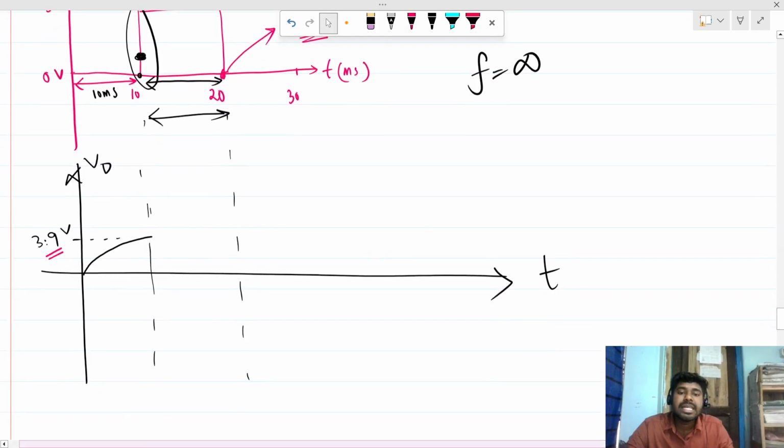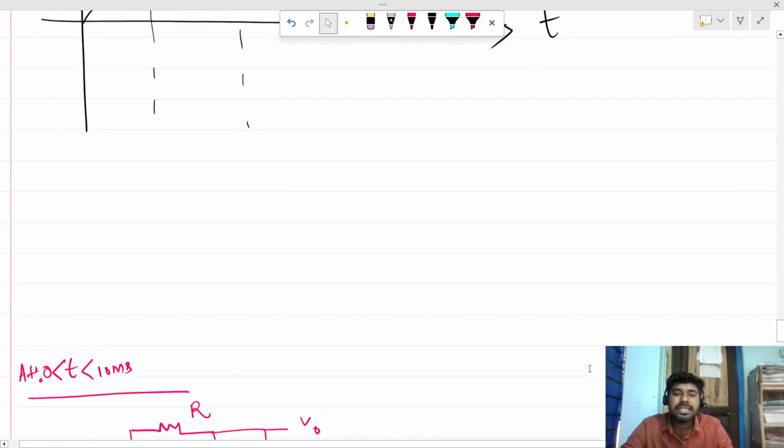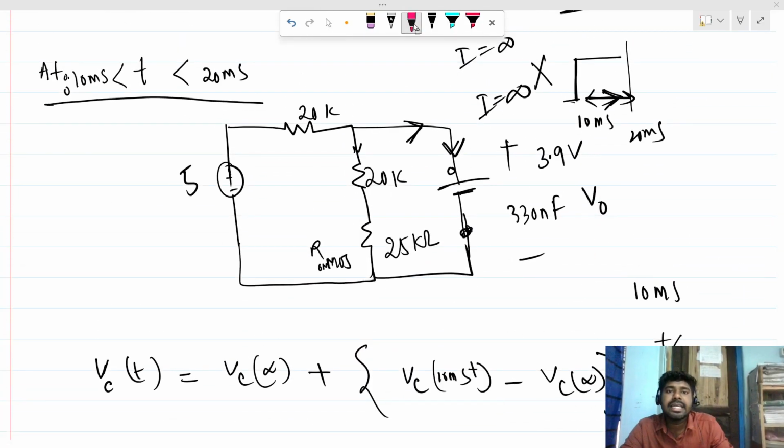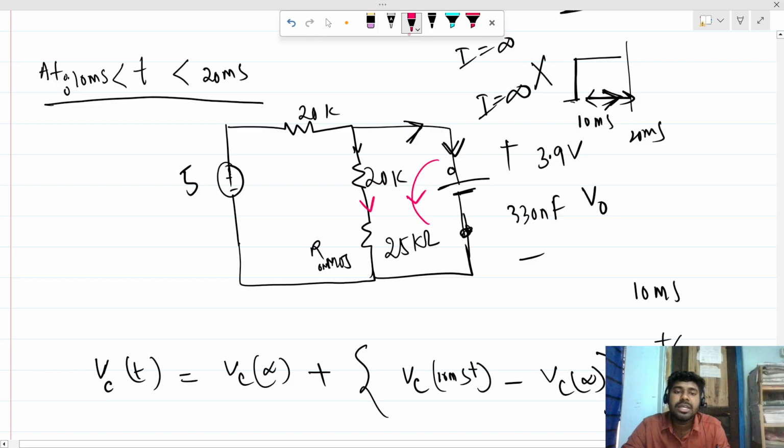So effectively this capacitor is actually discharging its charges through this resistive path. It is discharging exponentially, and at 20 millisecond it reaches 3.45 volt. Okay, so it is clear.